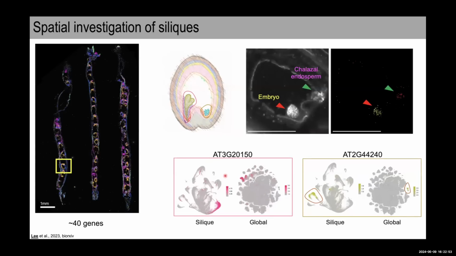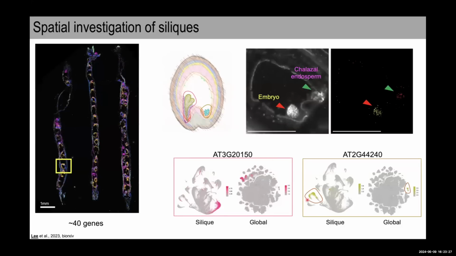But taking these markers that we observed in the droplet-based data set, what we can see is that we annotated this pink cluster as the embryo, and the colors are swapped, so I apologize for that. But looking at this individual gene within the MERFISH data set, we can see that these yellow dots, which correspond to that same gene, where each individual dot is one mRNA molecule, it's restricted to just the embryo part based on what we see in the DAPI staining.